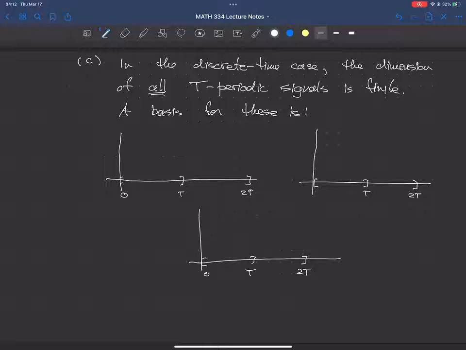So the first basis vector in this space of periodic signals is going to be the one that is 1 at 0, T, 2T, 3T, and so on, and then it's 0 everywhere else.